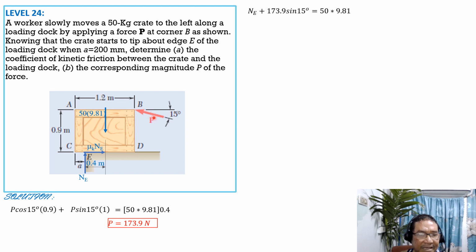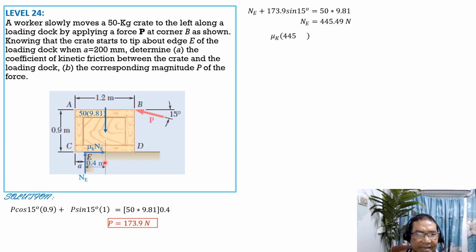N sub E plus the vertical component of P, which is 173.9 sine of 15 degrees, equals the weight, 50 times 9.81. N sub E, therefore, is equal to 445.49 newtons.